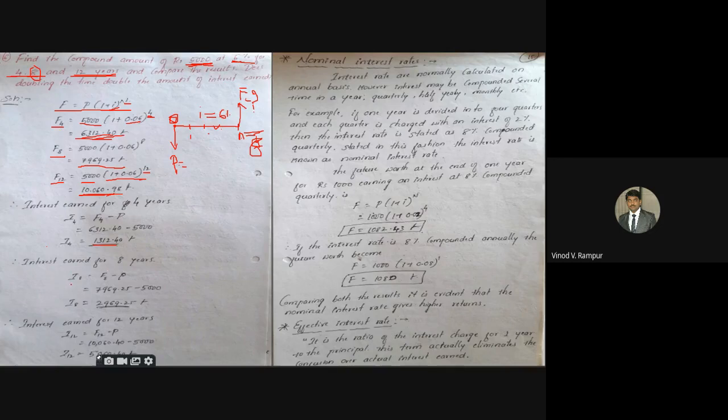Similarly for the eighth year, F8 minus P, that is 2,969.25 rupees. Then the final one, I12, is 10,060.98 minus the 5,000, that is 5,060.98 rupees.